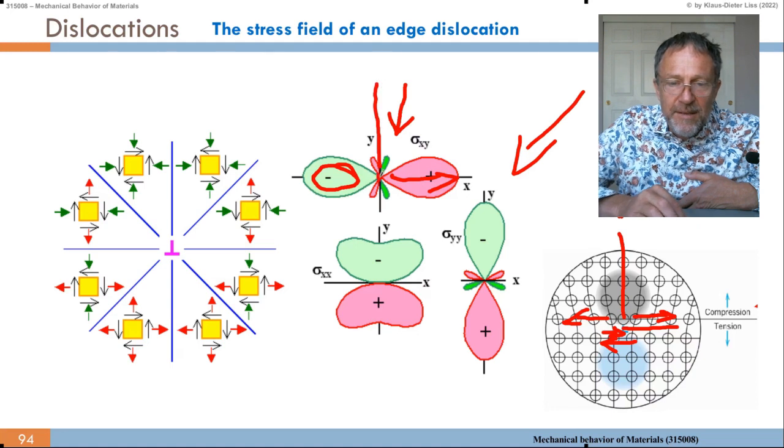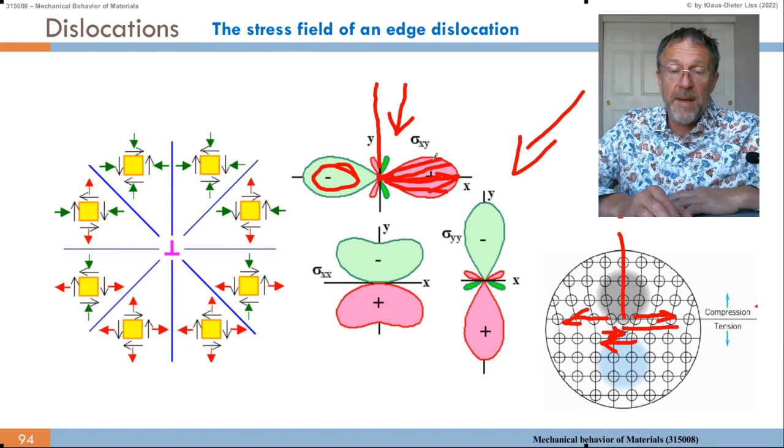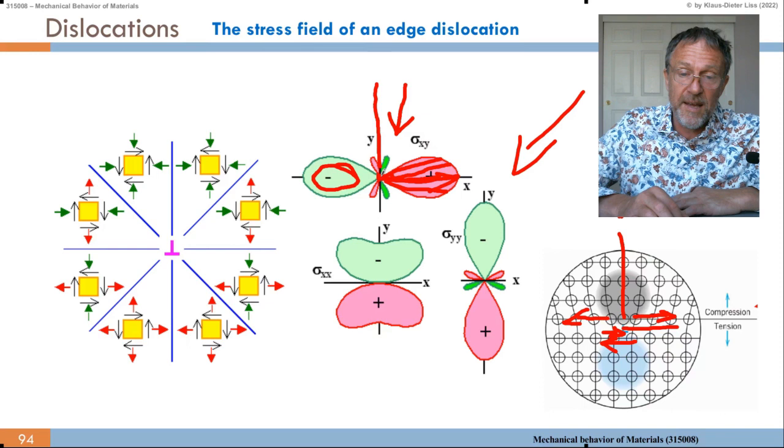So the length of this, you can draw a length of vectors, of lines, to the borderline. And the length and the direction of this vector gives you the magnitude in this direction. So the length in the vertical direction is 0.